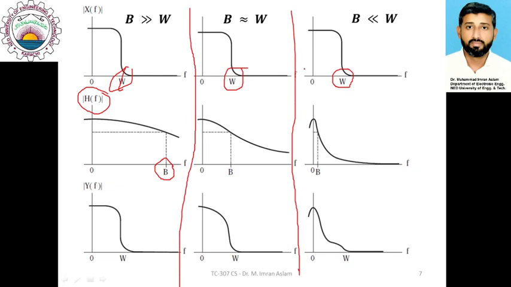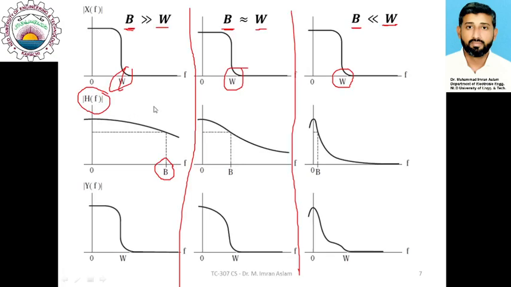If you draw a line here, you would see these are three different categories. In the first case, the bandwidth of the system is much greater than the bandwidth of the signal. In the second case, the bandwidth of the system is approximately equal to the bandwidth of the signal. And in the third case, the bandwidth of the system is much smaller as compared to the bandwidth of the signal.